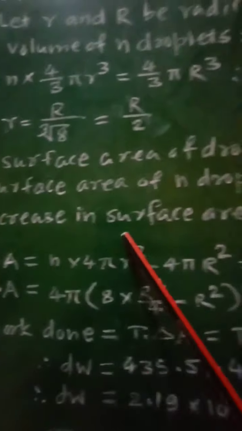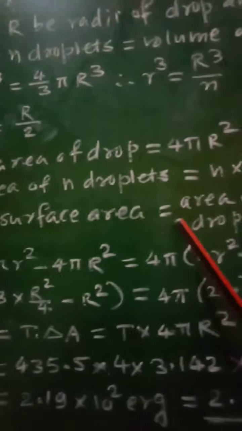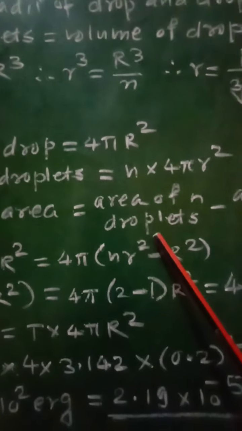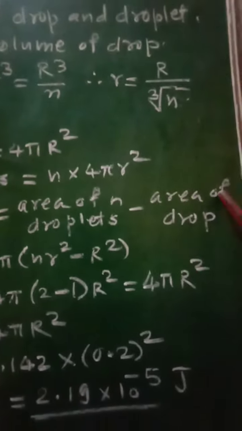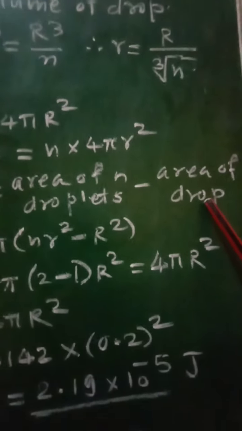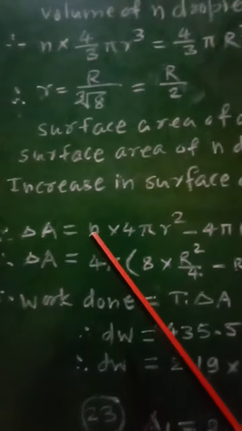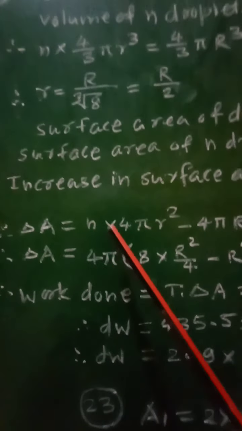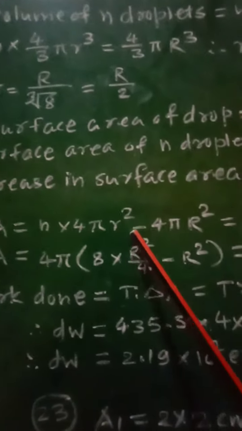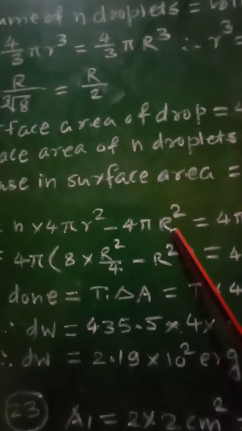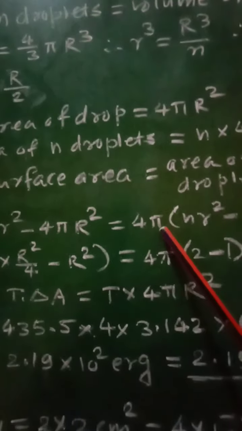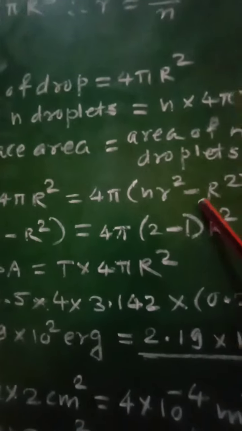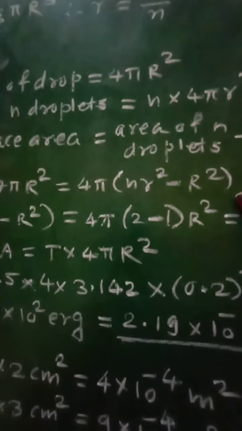Therefore, increase in surface area will be equal to area of n droplets minus area of one drop, and therefore delta A, that is change in surface area, will be equal to n into 4 pi r square minus 4 pi R square, which will be equal to 4 pi into n r square minus R square.